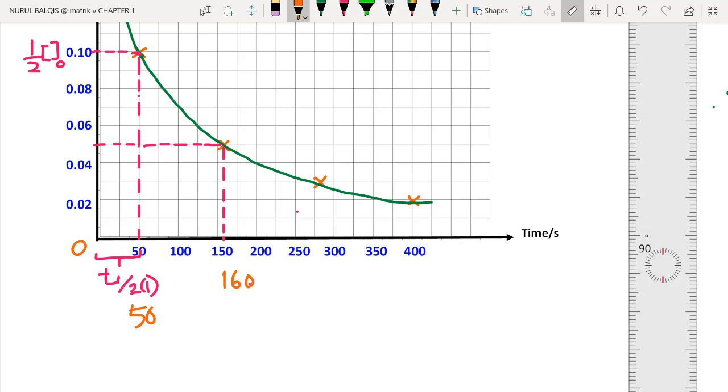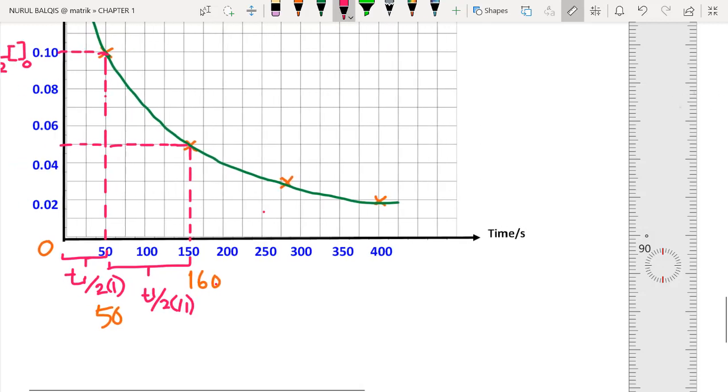But our second half-life is not necessarily 160. It's actually measured from here to here. Means it will be around 100, 110. Okay, sorry, this is the second half-life.